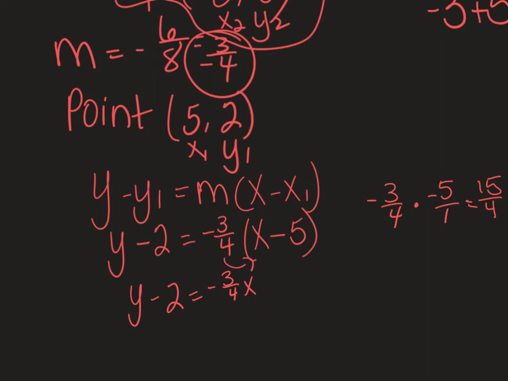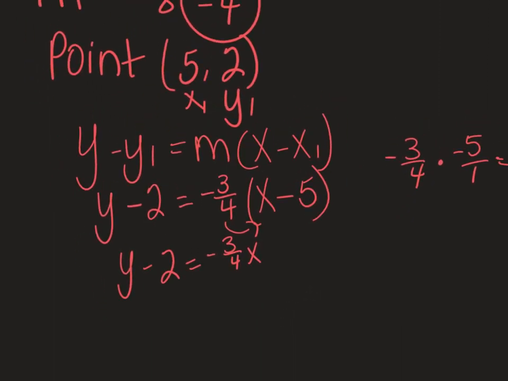Let me make sure I'm right here. I think there's an error there in the textbook, but I just want to make sure. So then we're going to have plus 15 over 4.